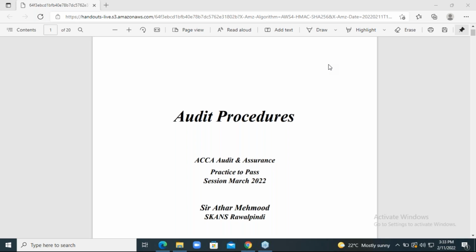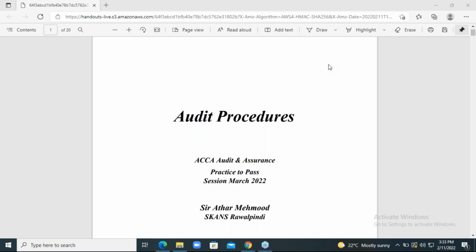Now, this area is a bit tricky, and there is a background ISA relevant to these procedures, and this ISA is ISA 500, Audit Evidence.